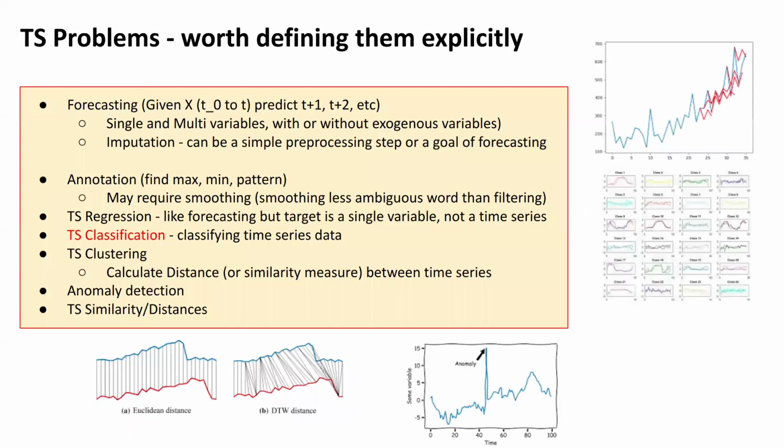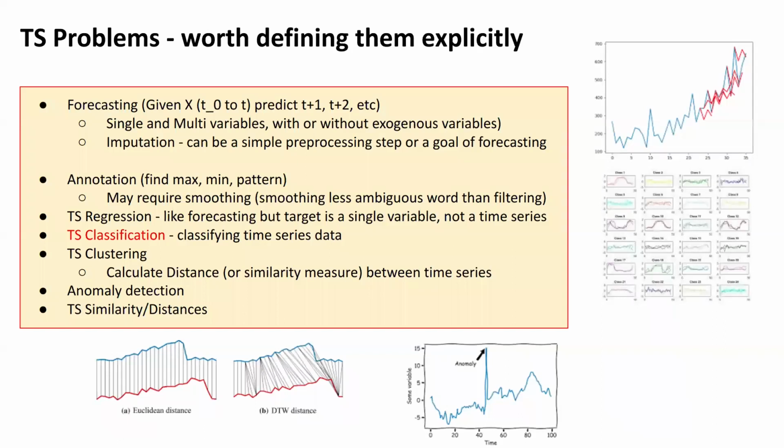An interesting variation of the task is single-value or multivariate time series, and also how much other information you know about the system. That other information is called exogenous variables. Sometimes in some systems it's called covariates.